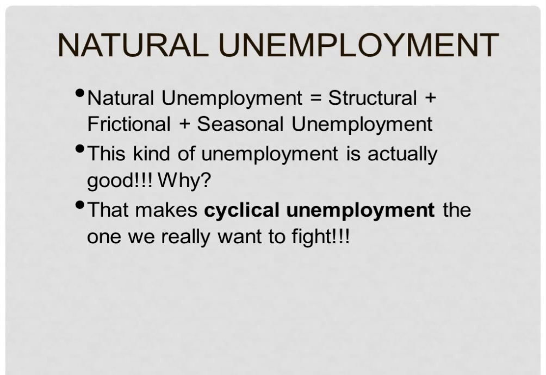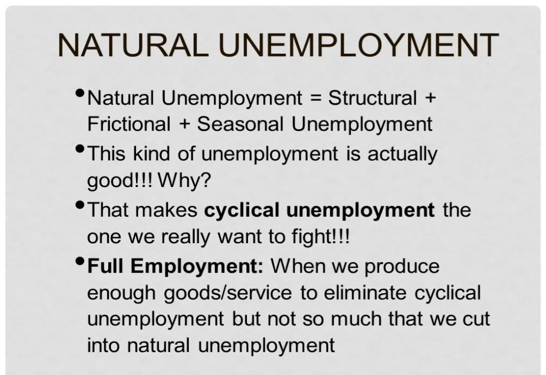And so, what is ultimately the goal of an economist? It is to reach this thing called full employment. And let's define that. It's when we produce enough goods and services to eliminate cyclical unemployment, but not so much that we cut into natural unemployment.